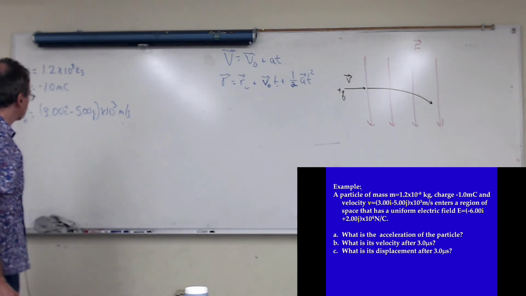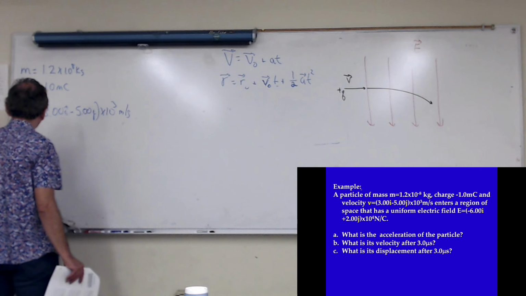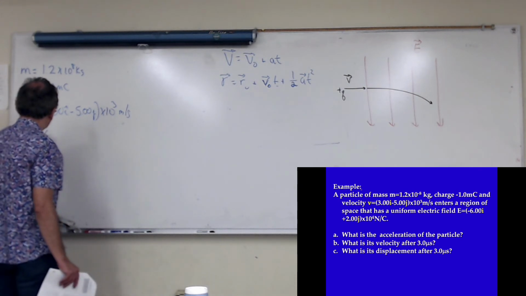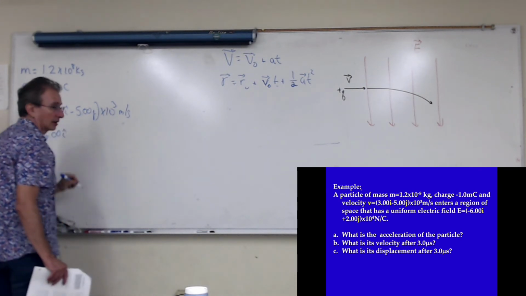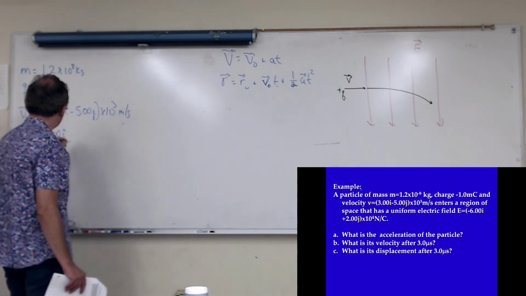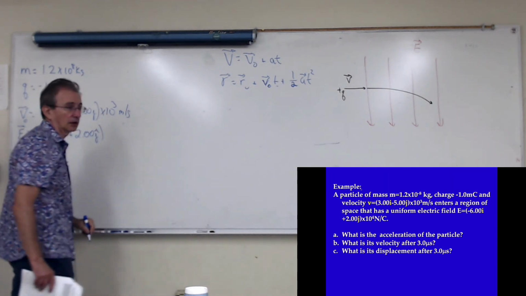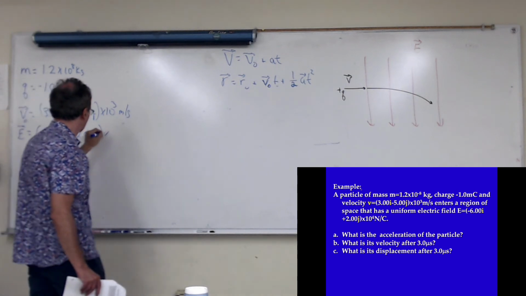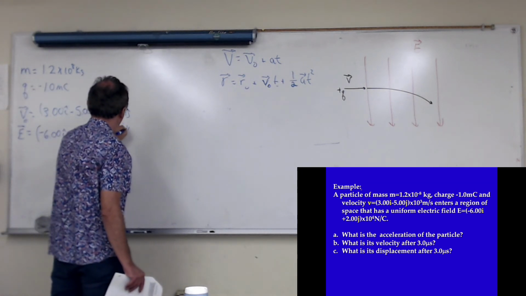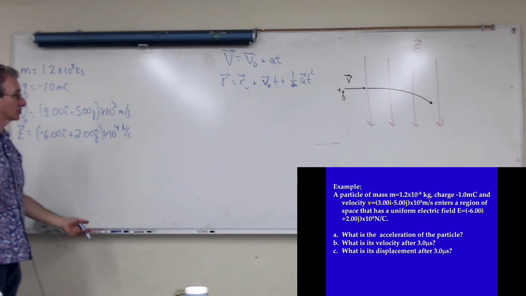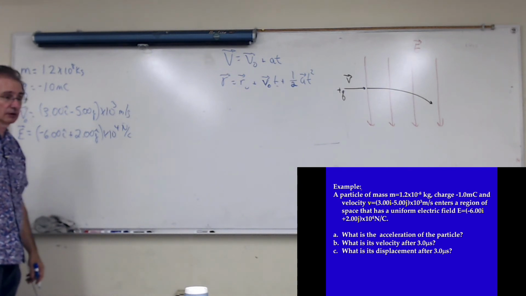The electric field is minus 6.00I plus 2.00J times 10 to the fourth newtons per coulomb. First question is, what is the acceleration of this thing?